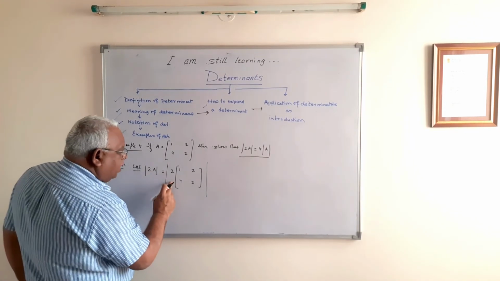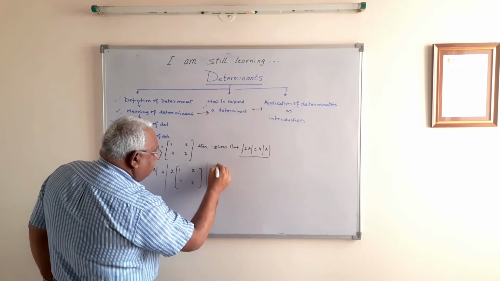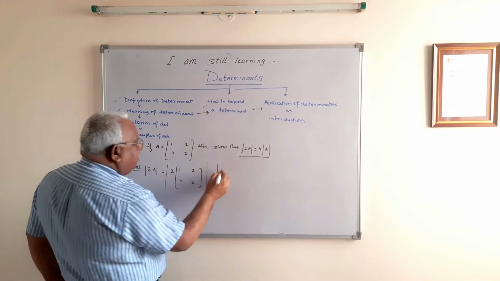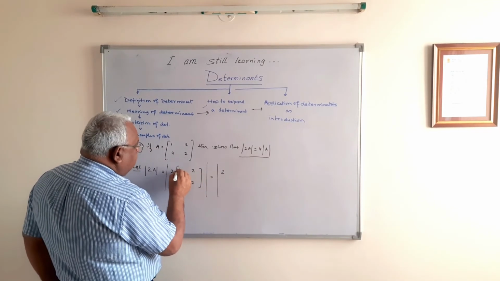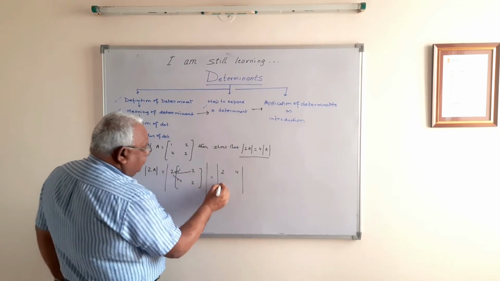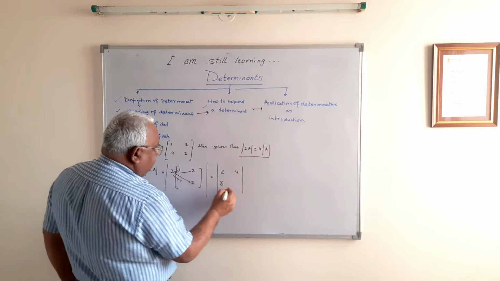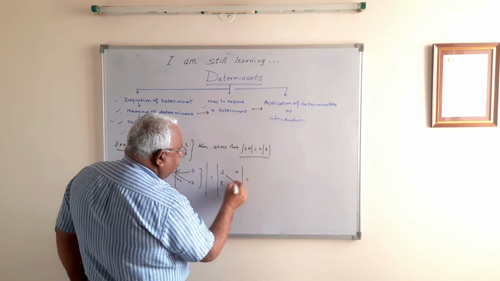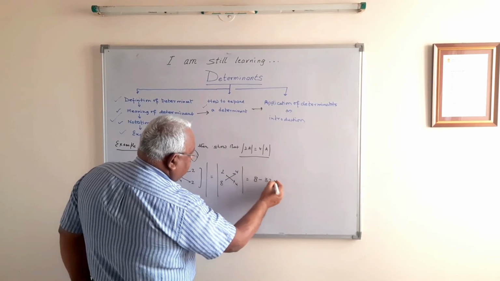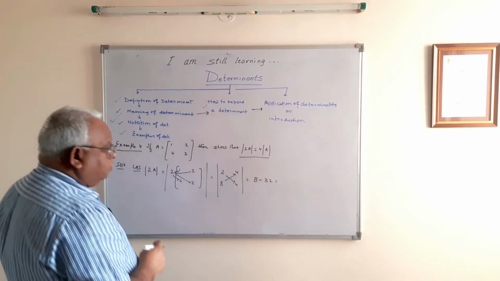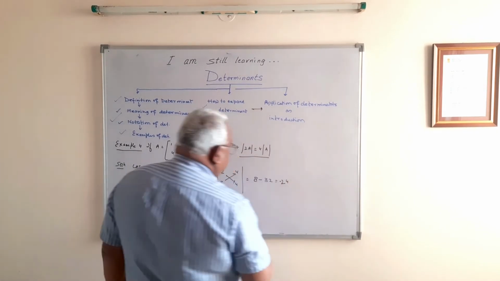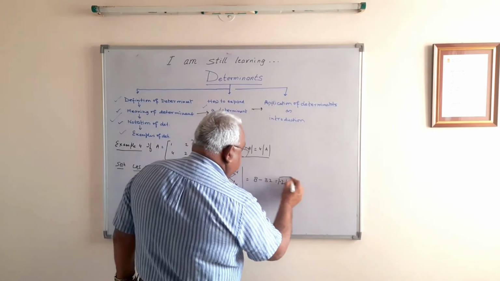When the 2 goes inside, it has to be multiplied with each and every element. So 2 into 1 is 2, 2 into 2 is 4, 2 into 4 is 8, and 2 into 2 is 4. So when you expand it, 4 twos are 8, minus 8 fours are 32, it's going to be minus 24. Okay, so this is your left hand side.